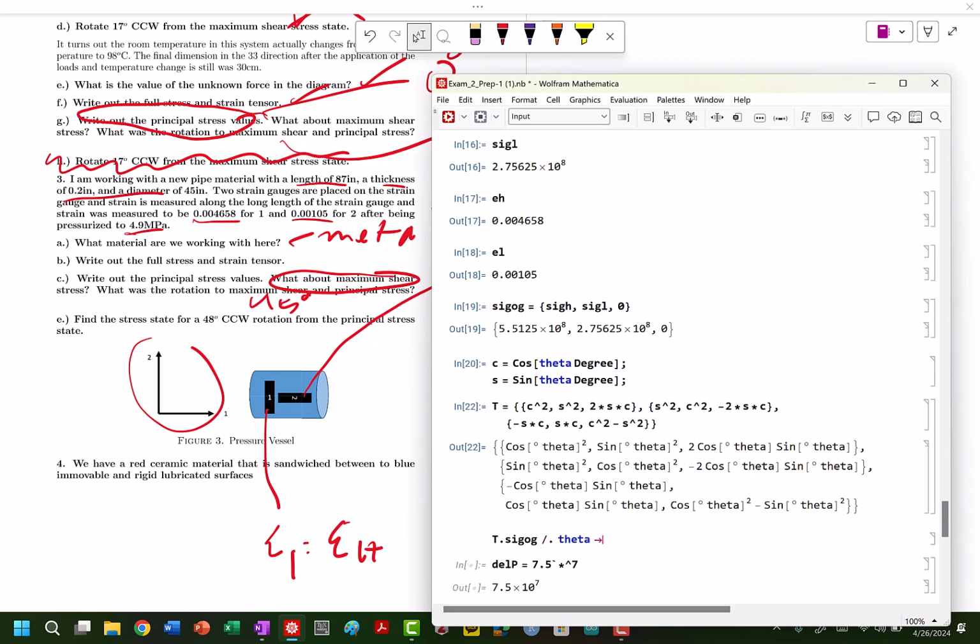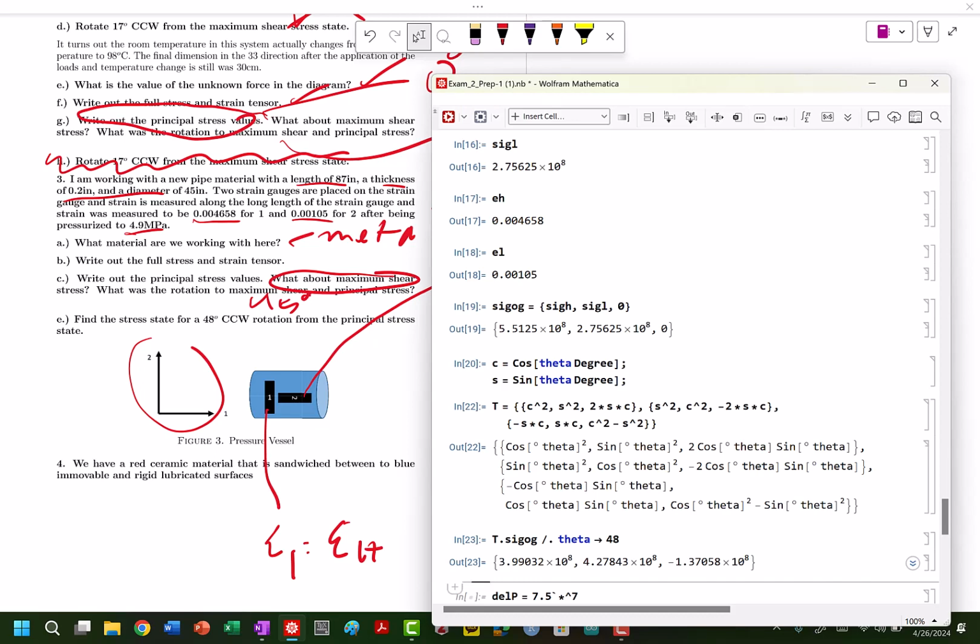Theta goes to what? So I'm doing 48 degrees counterclockwise. Counterclockwise is always going to be a positive rotation. Shift enter. Those are my values. Nice as that. That's why we love linear algebra in this class.